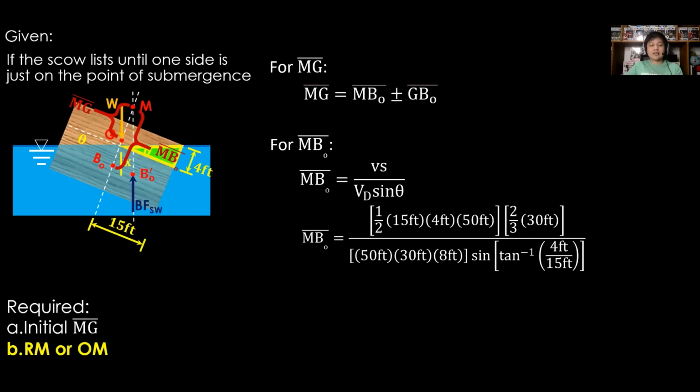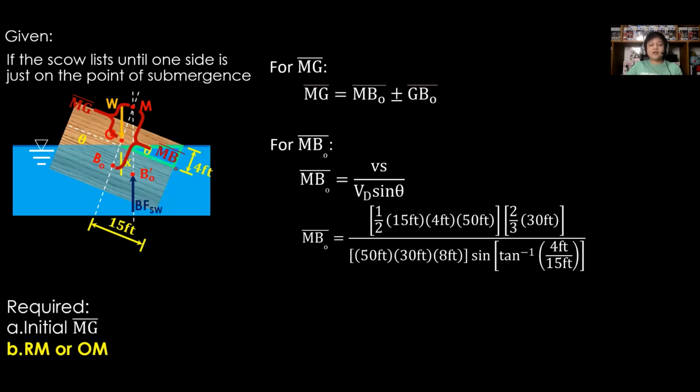Next is for S. For S, use 2/3 of the width, that is 30 feet. And for the volume displaced or submerged, it is the same volume as the initial condition. That is 50 times 30, then multiplied by the height of the draft, that is 8 feet. Then lastly, for theta, we will consider the tilting condition.